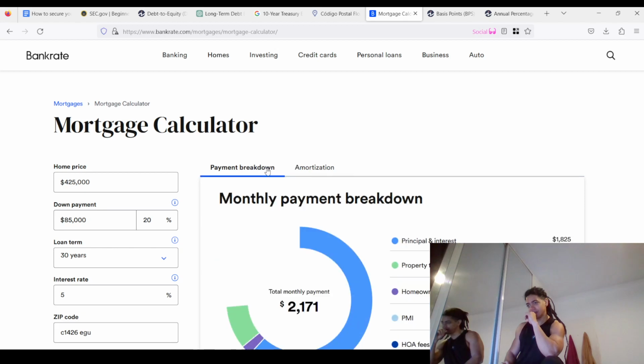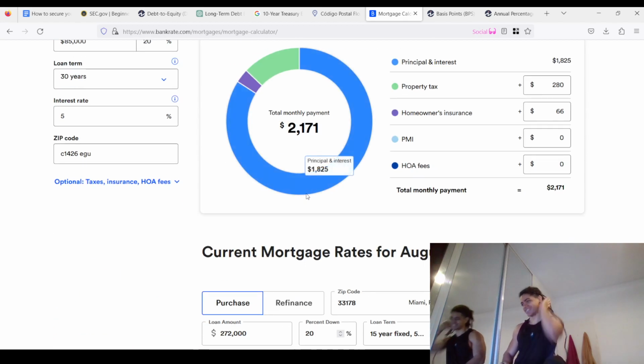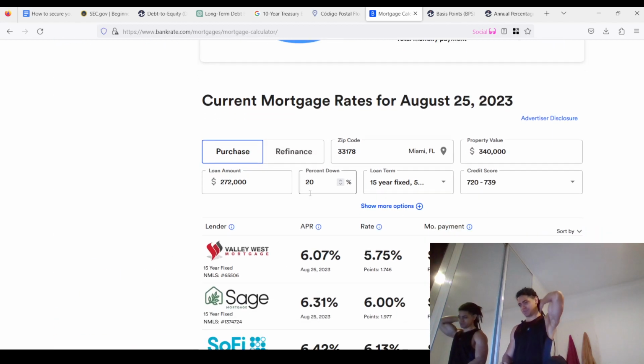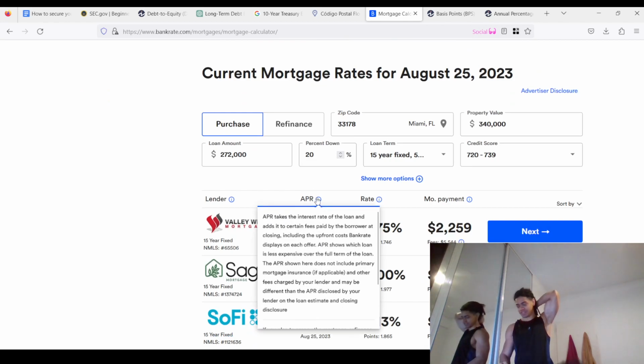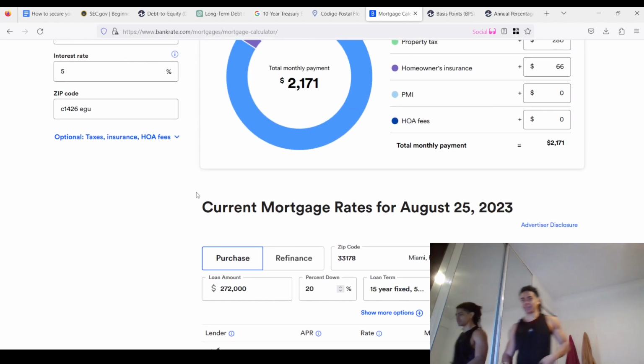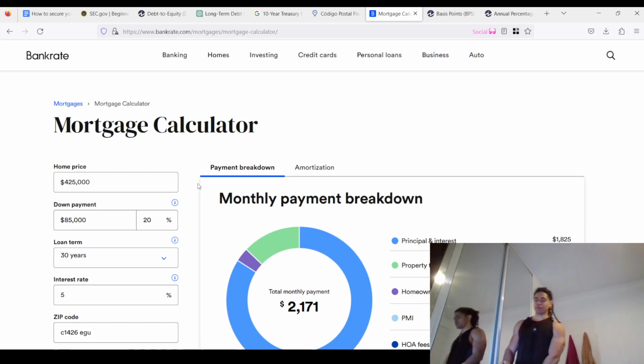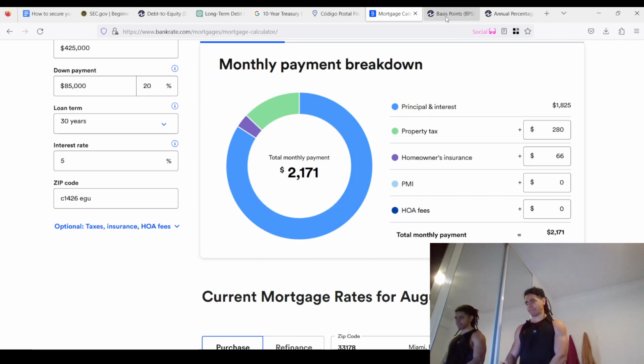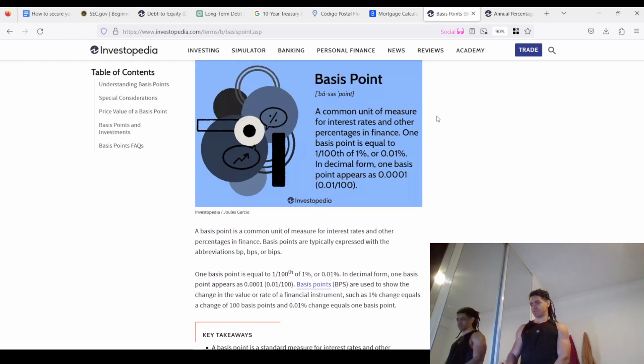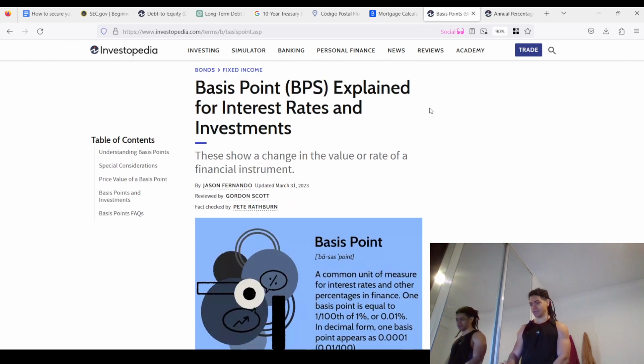Jesus, god damn it. Holy moly. Okay, this is a very interesting website. Okay, so Bankrate, where you can do this mortgage calculator.